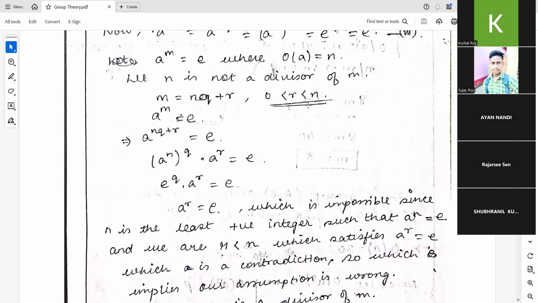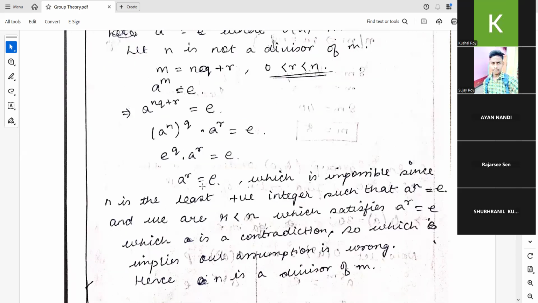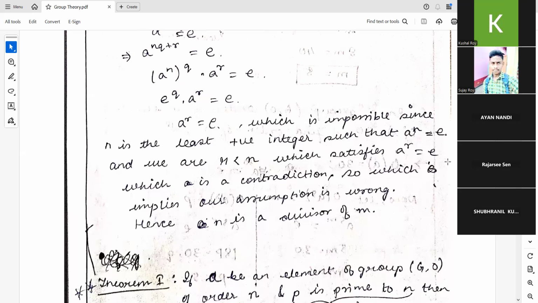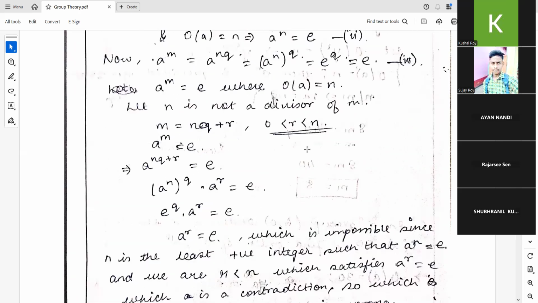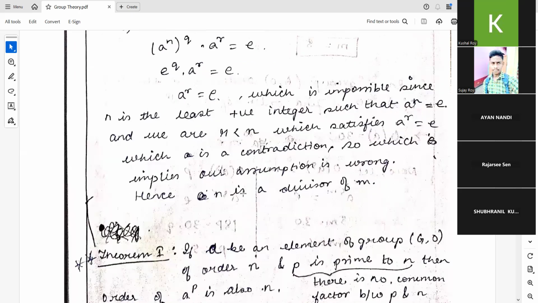Since r is less than n, a to the power r equal to e gives you r is the least positive integer such that a to the power r is identity. So therefore, it is impossible. We can't assume r as a non-zero element. So therefore, r must be 0, and therefore our assumption is wrong.